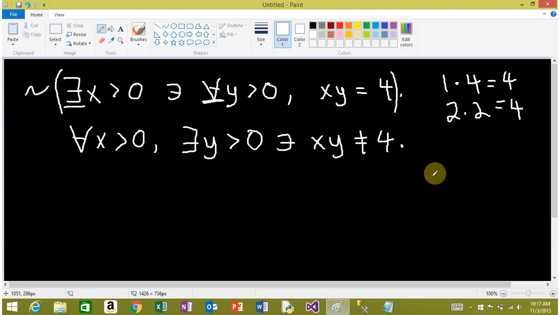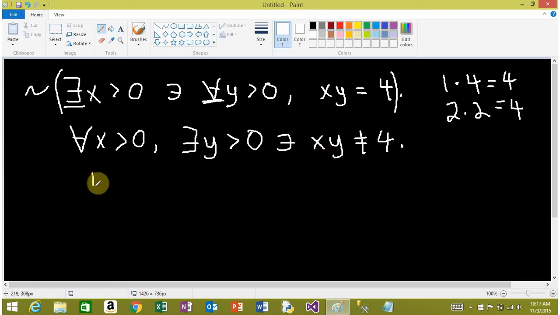And so now the quantifiers have changed order. Notice that for all x can be any real number greater than 0. For y, we need to choose some y in terms of x, greater than 0, such that x times y is not equal to 4.